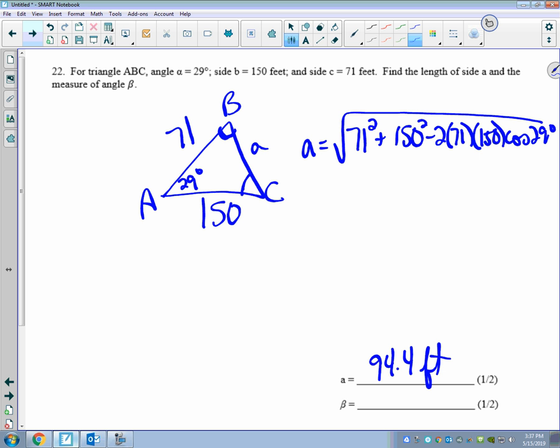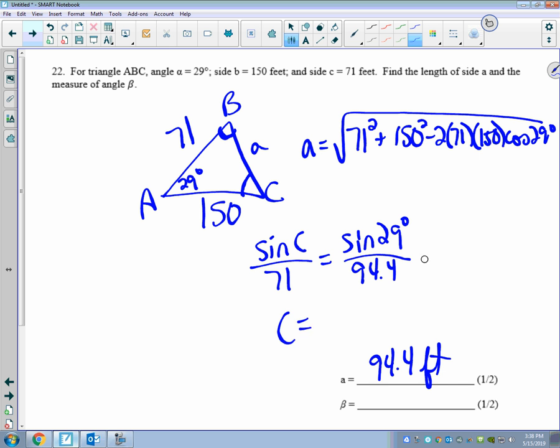For me, I did C first. So I said, well, I'm going to solve for the shorter side first. So I did sine of C over 71 equals sine of 29 over the answer I just got, 94.4.